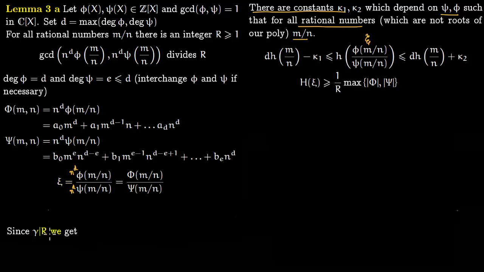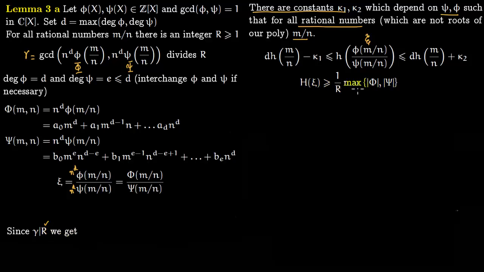Okay, so this is it, and we have this gamma here, which is our greatest common divisor of this term, which we know just by this multiplication is our capital phi, and this term is our capital psi. So gamma divides r. So if gamma divides r, and you cancel this r out, because this r might be a common factor, you're going to decrease the height.